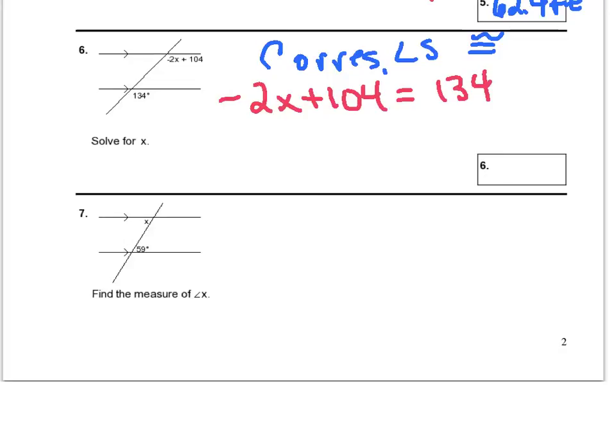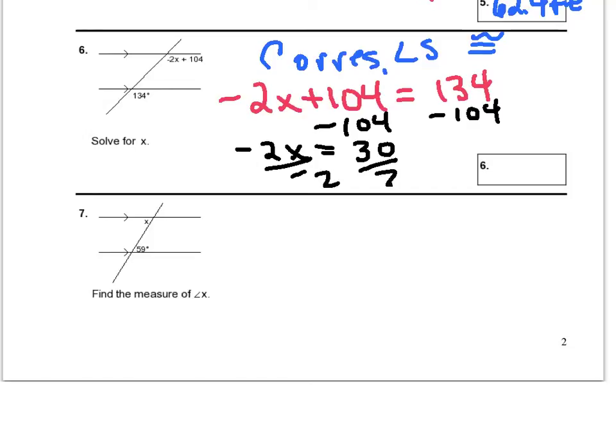We go through and we solve this by subtracting 104, and we get negative 2x equals 30. Dividing by negative 2, our answer gets to be negative 15. X equals negative 15.